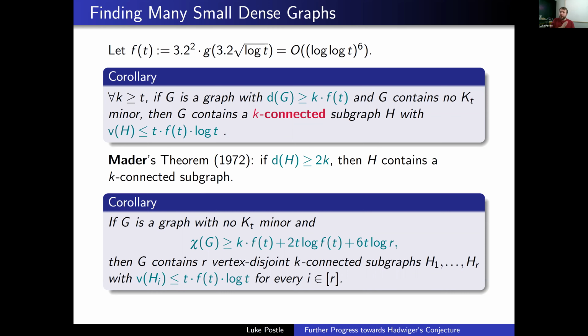The point is, we know small graphs are colorable, so if you don't take too many of them, that colors. So what remains doesn't color, so it has high degree, and then you repeat the argument. This allows us to extract as many small graphs as you need. Small, dense, highly connected, and that's great for building minors.